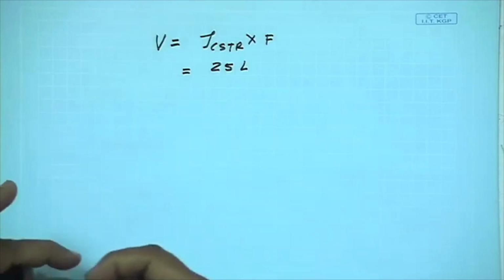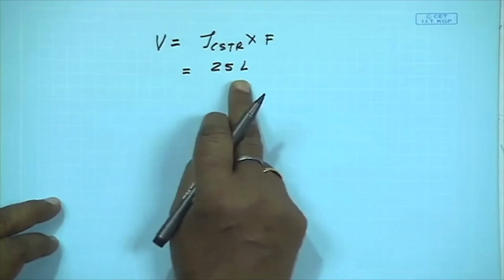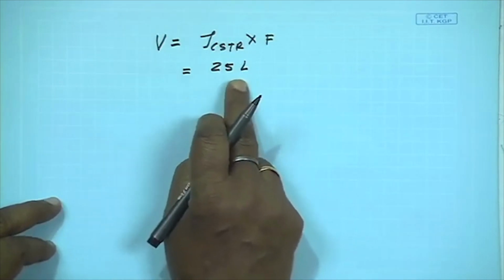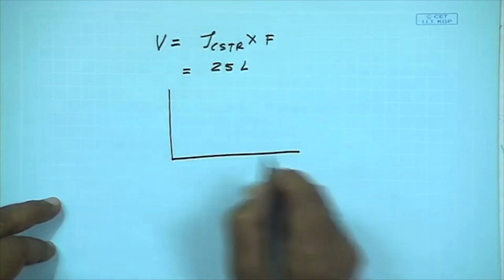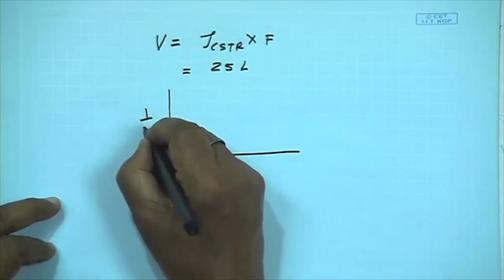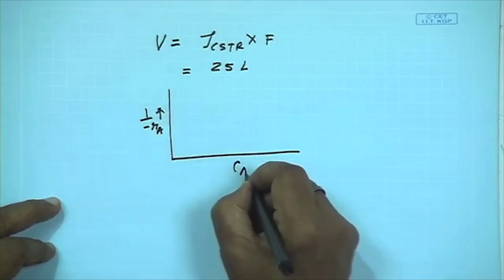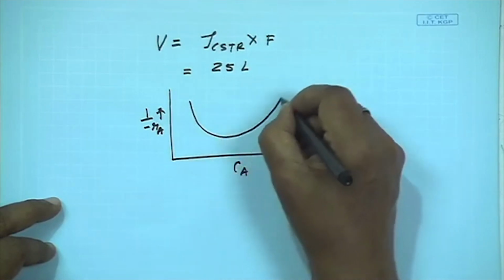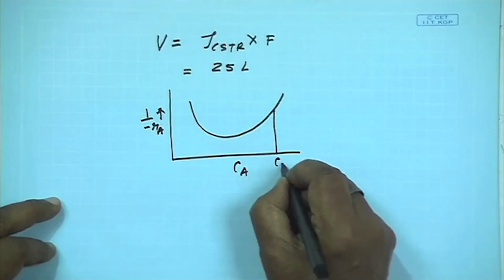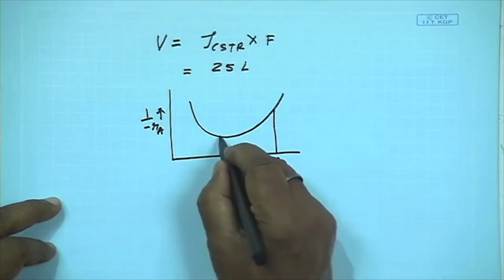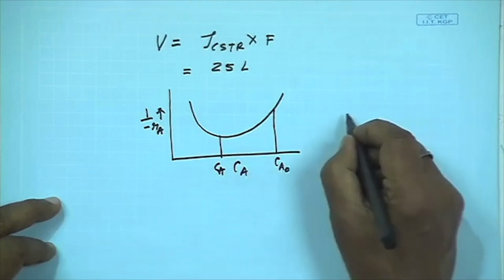Now, here there is an interesting thing. Through analysis we can determine this volume, but graphically we can also determine the volume of the reactor. How can we do that? Plot minus Ra versus Ca, where maybe here is your Ca0 and here is your Ca. What is your equation?